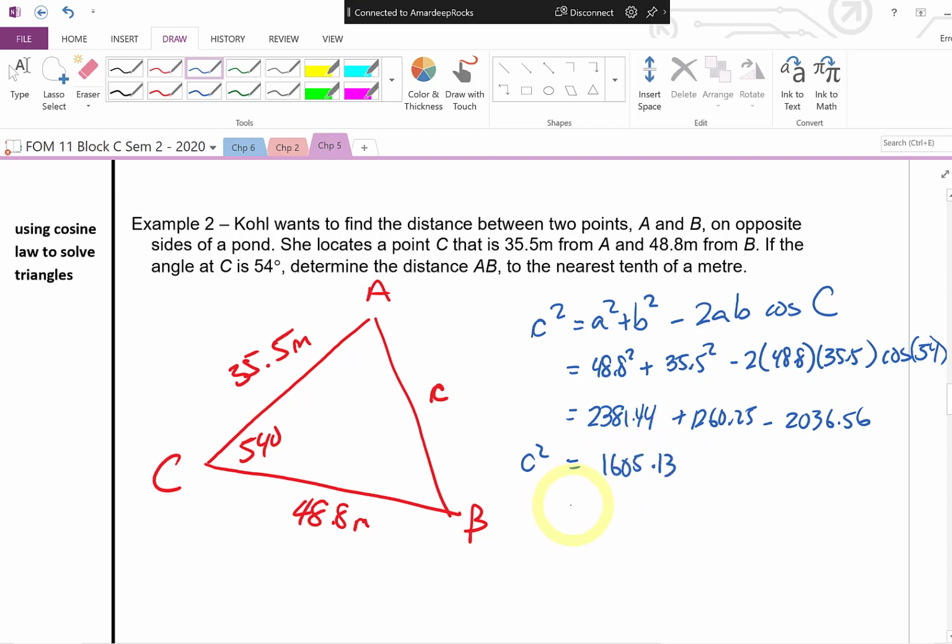And then, of course, we take the square root. c is equal to 40.1. And don't forget your units. Okay? All right. Again, when you have side, angle, side, right? Two known sides and the contained angle, it's automatically cosine law.